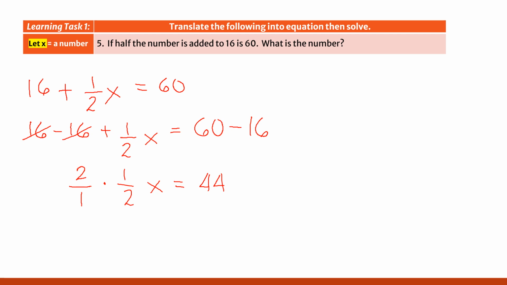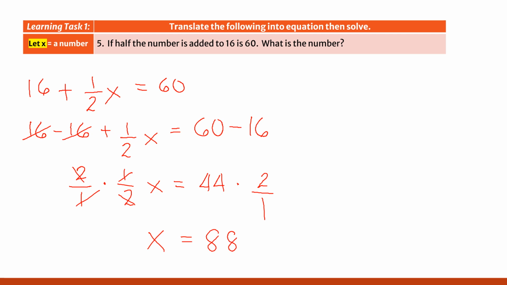And if you notice, i-multiply ko yung kaliwa sa 2 over 1. Ibig sabihin, yung kanan, i-multiply din natin saan? Sa 2 over 1. Upang sa ganon, 2 and 2, cancel. 1 and 1, okay, cancel. Ang natira, x. And then, equals 44 times 2, it is 88. Divided by 1, still, the answer is 88.